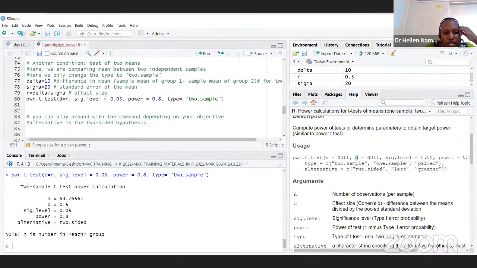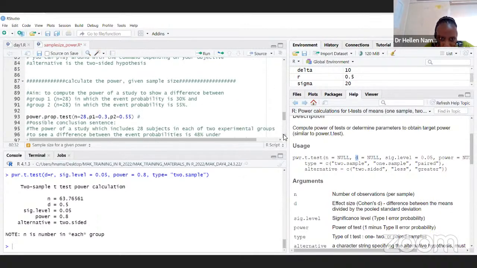So here we see that in case we reduce to 0.05, your N increases to 63.7. So roughly it is 64. You need 64 subjects in each group that you're going to consider. So the point is you need to get to know what exactly what objective you want to achieve.